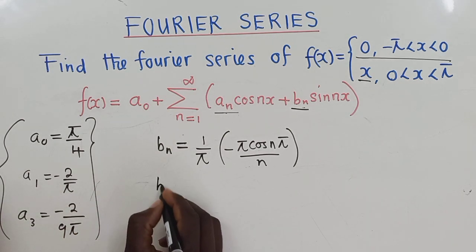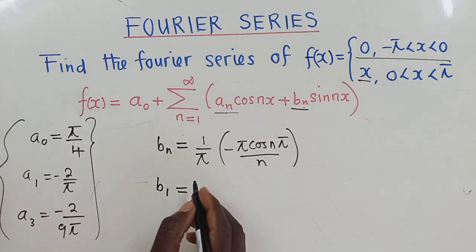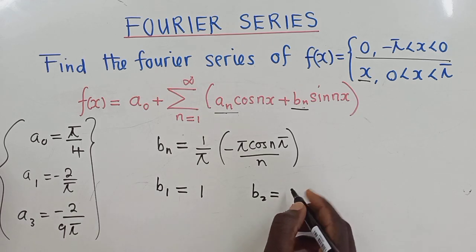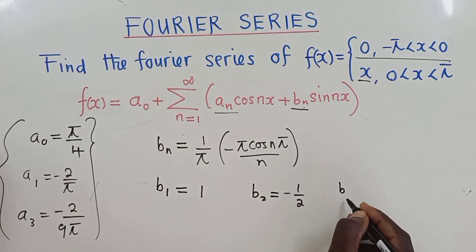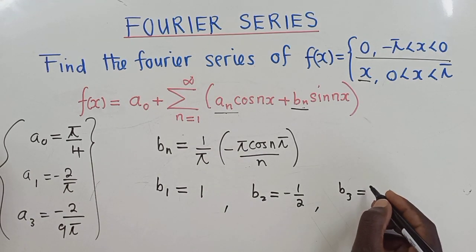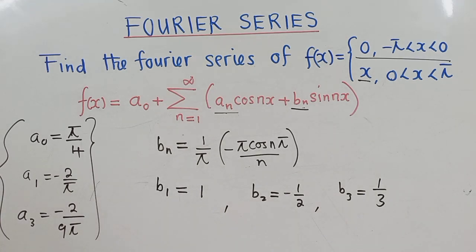So we'll start with B1. Our B1 will be equal to 1. Our B2 will be equal to negative 1 over 2. B3 will be equal to 1 over 3. Okay, so that's it.